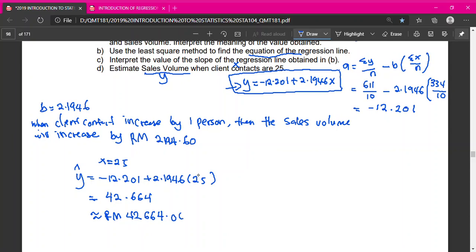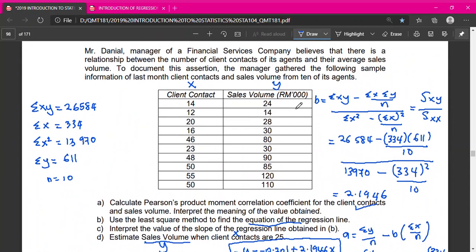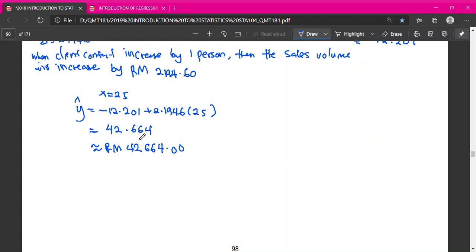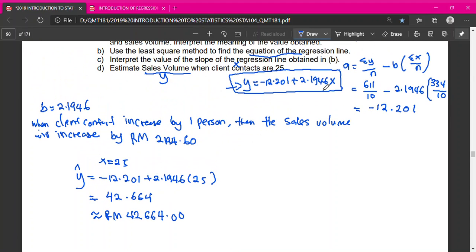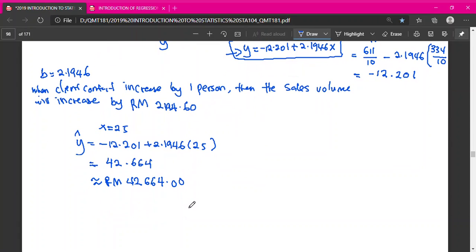Okay, sebab kita tukar dalam 1000 tadi. Darab dengan 100. So, you akan dapat 42,664. Sama juga yang tadi lah. Darab dengan 100 untuk you nak letak di sini. Okay, we can say that when client contact is 25, the sales volume of the agent adalah 42,664 ringgit. Okay, so itu adalah contoh application of the regression.